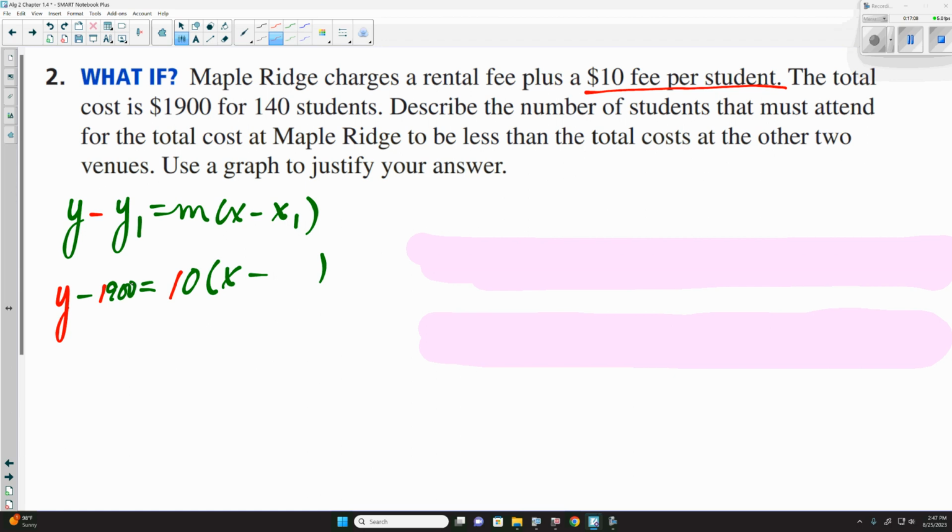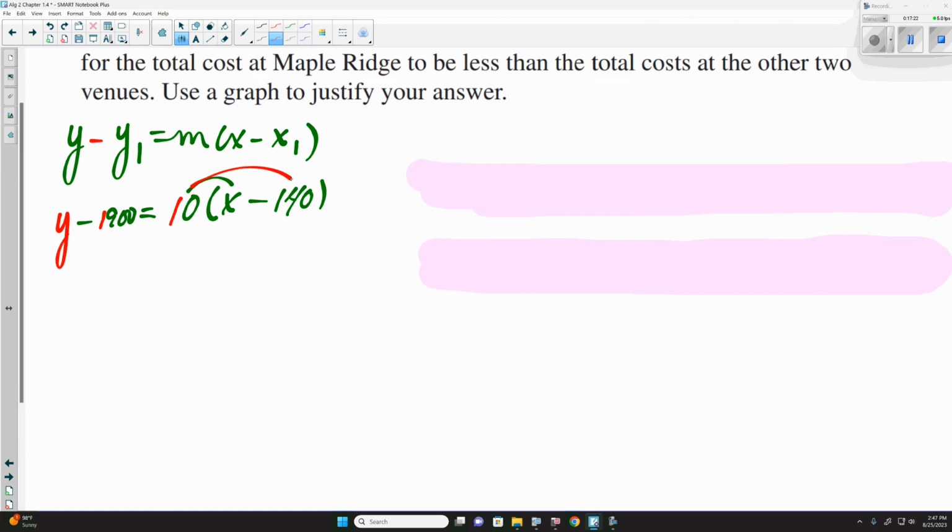And X is the number of students, so it would be... Questions on how we set this up? Now, we need to get Y by itself. So the first thing we can do is distribute the 10. Well, 10 times X is 10X. 10 times 140 is 1,400.